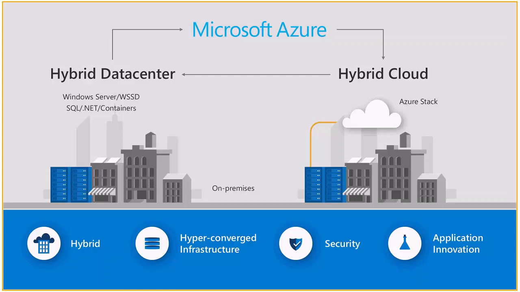WSSD is a new acronym for Storage Spaces Direct, so we don't get it confused with solid-state drives. SQL, .NET, containers, all on-premises, and then over on the right, the Azure Stack forms that concept of Microsoft's hybrid cloud. One of the interesting things is that Microsoft are calling, in Server 2019 in particular, these components built in and not bolted on.